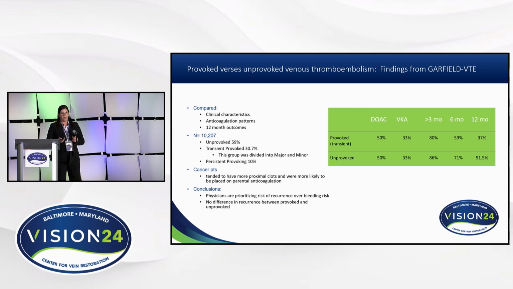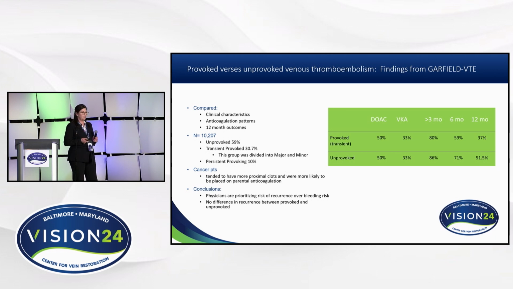Now, the GARFIELD registry is very fascinating to me because this is the first opportunity we've had to really look since the guidelines changed the use of DOACs. This was an observational study of about 10,000 people, and it tracked what the treatment was, dividing patients into provoked and unprovoked clots, with provoked ones caused by a transient factor. They looked at whether a DOAC or vitamin K antagonist was prescribed, and tracked them over time.